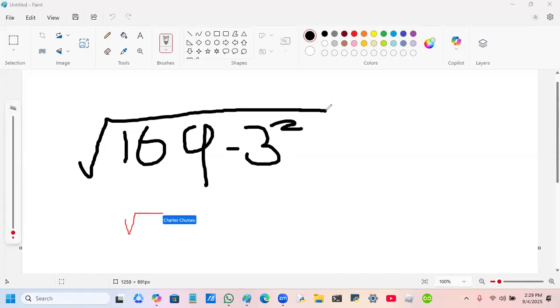If not, it's not realistic. I said that it's not realistic. Square root of 169 is 13.